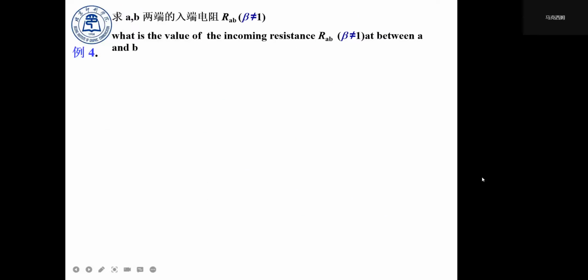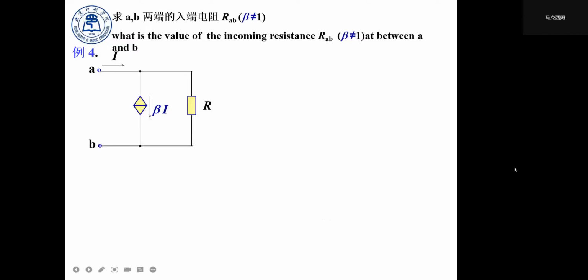So still, we can introduce another example. We would calculate the input resistance RAB in a circuit.